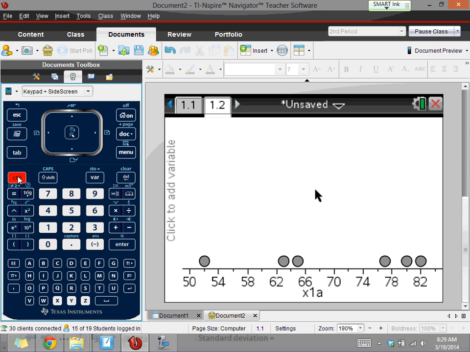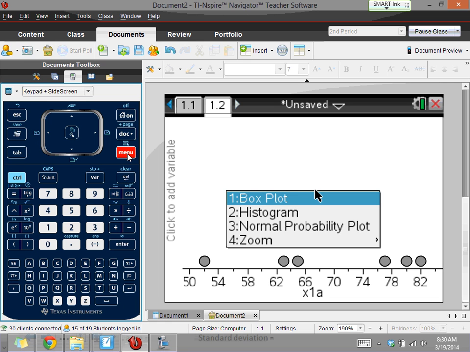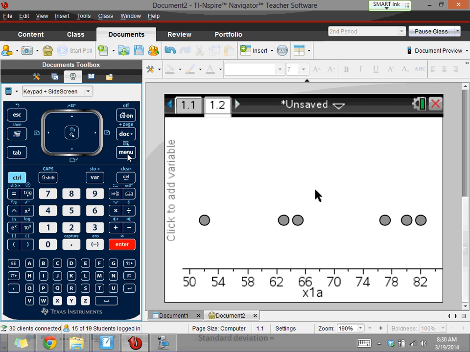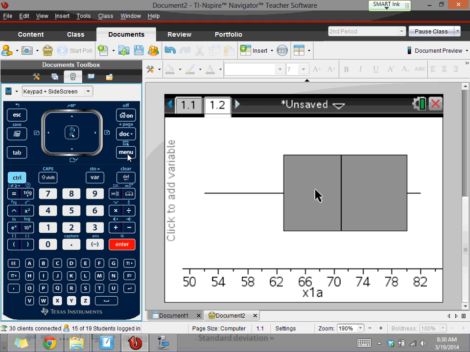Press control menu. Oh, these stubborn honor students. Y'all need to stop talking and listen. Obviously, box plot. You did mouse to the middle. Control menu.